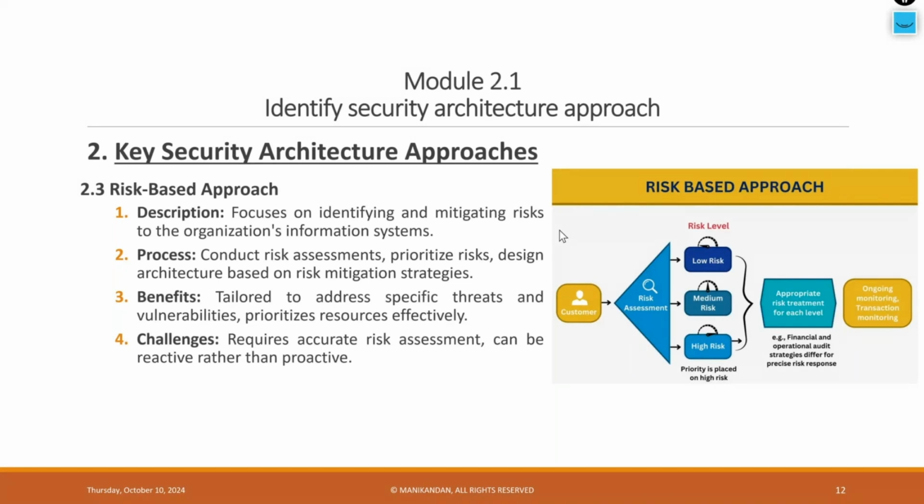Let's take one live example: you have built your data center in a location which is prone to earthquakes or tornado activity. We need to define a risk based approach where our focus is to build an architecture which can mitigate the risks which the organization is facing.